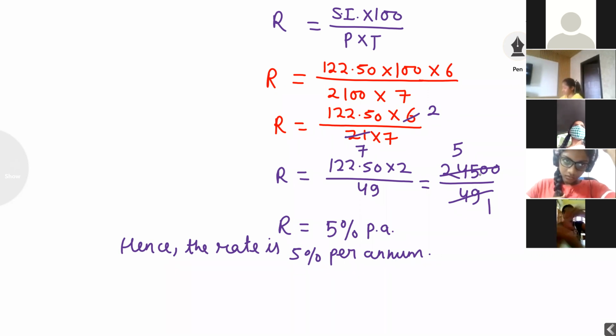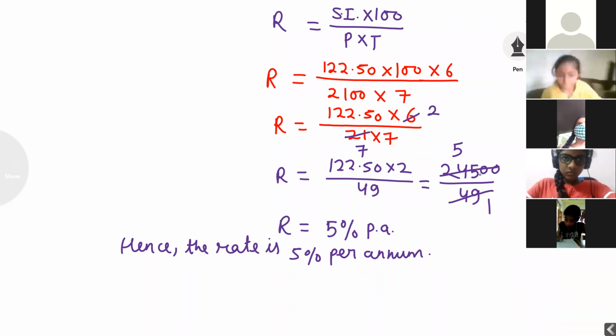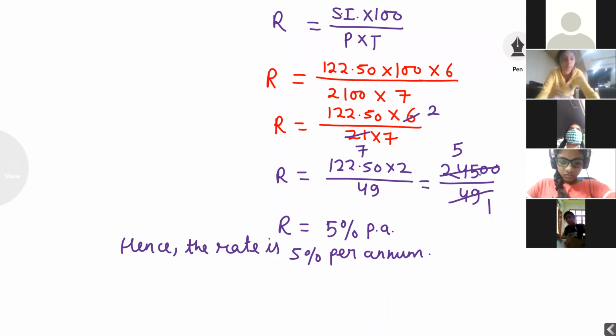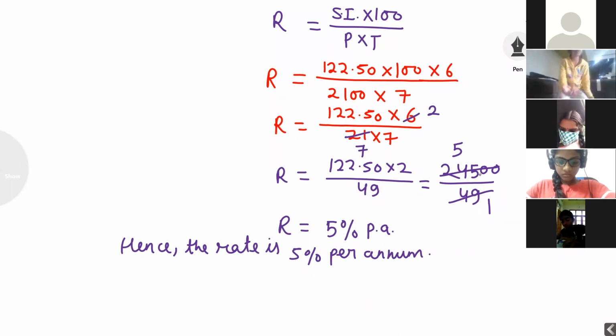When we are multiplying 122.50 into 2, this answer will become 245.00. After the decimal point, if digit coming is 0, I can leave it. The actual digit is what? 245 by 49. Rate is equal to 5% per annum.